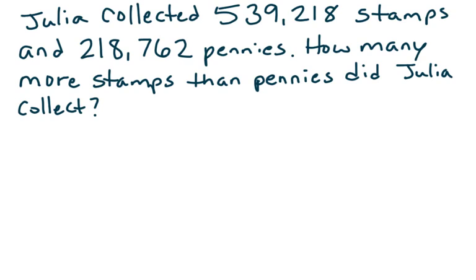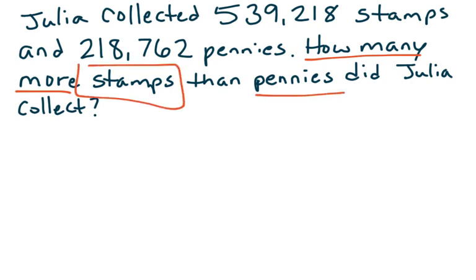Some good keywords there that help me solve this problem is how many more stamps than pennies. So I have her total number of stamps, and I have her pennies, and I want to know how many more stamps than pennies. So I have a whole, that's my stamps.